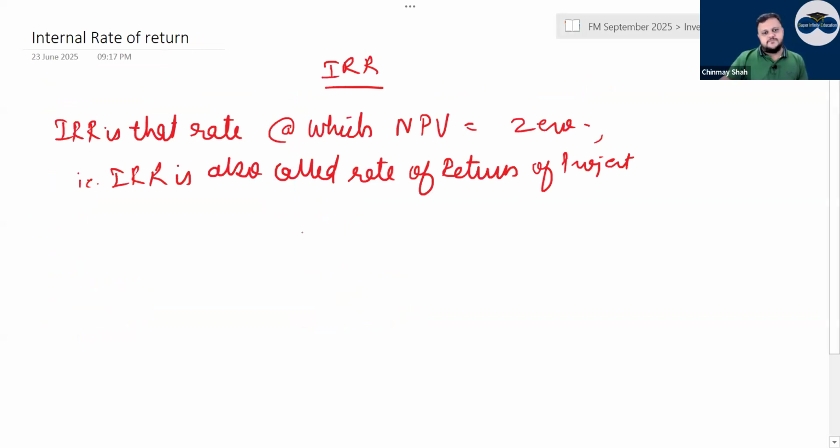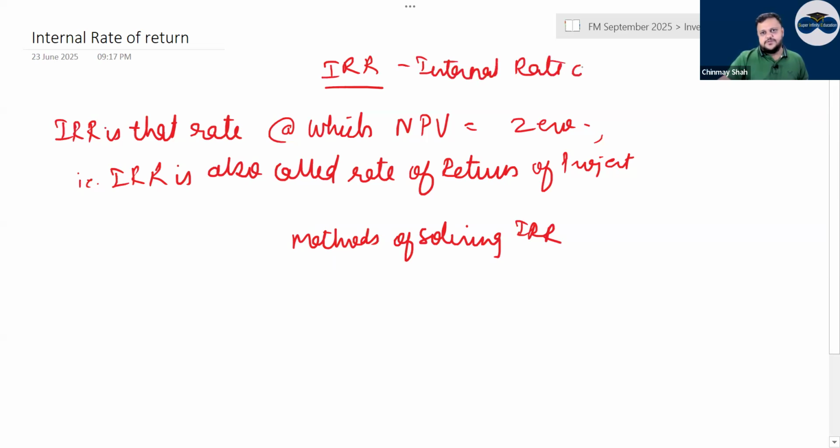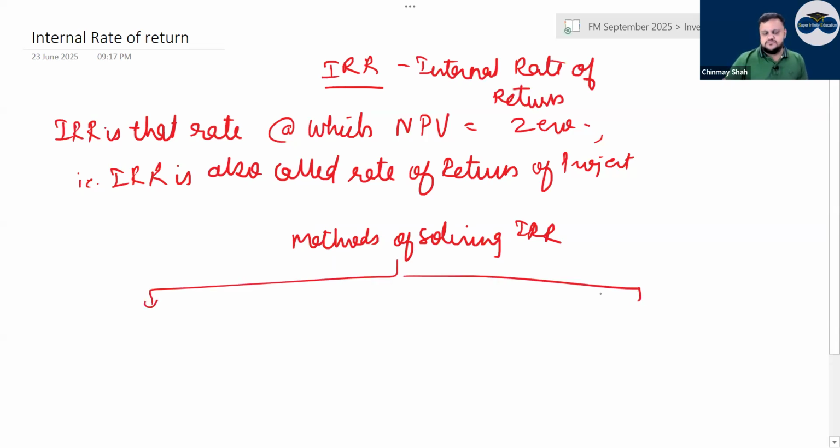Now say methods of solving IRR. Internal rate of return, we also write the full form. One, unofficially I like to say, is the pen and paper method, also called the interpolation method.